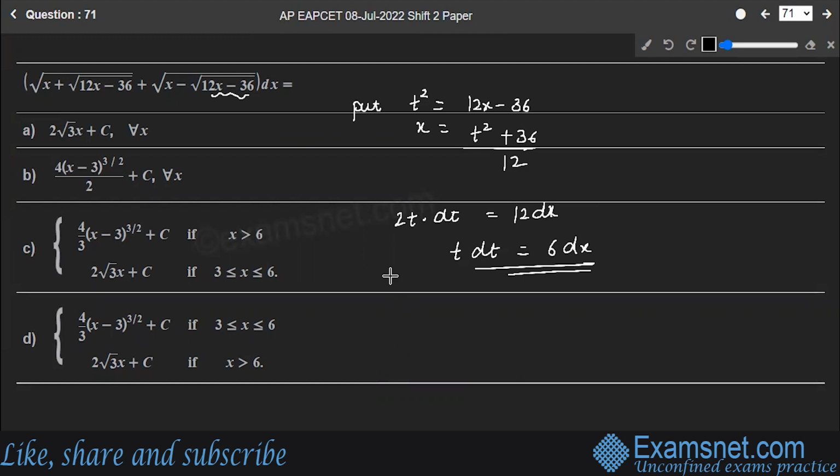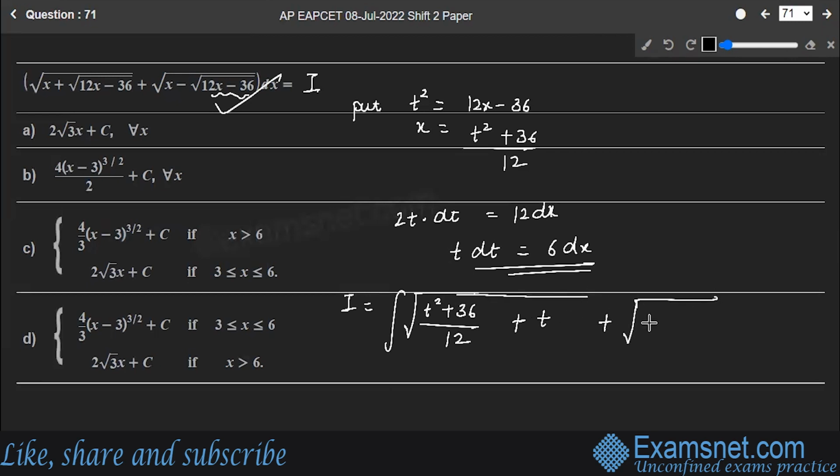Now I'll fill in this whole thing in the original integral. So I will be given by integral of root of t square plus 36 upon 12 plus t, plus root of t square plus 36 upon 12 minus t, right?